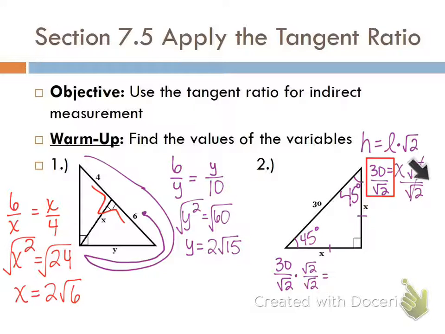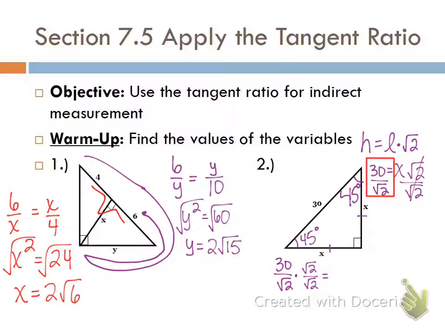The x is going to be alone now. I'm just trying to rationalize this. Oh, yeah. Do we have any other questions? Are we all understanding how to get a variable alone?